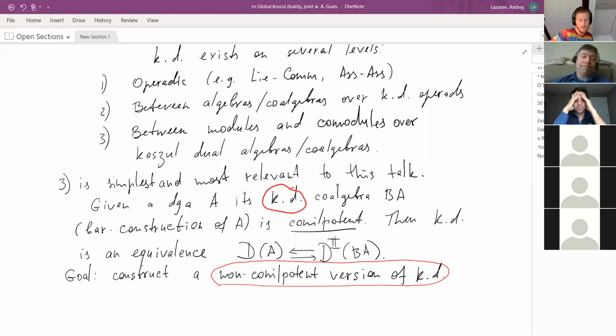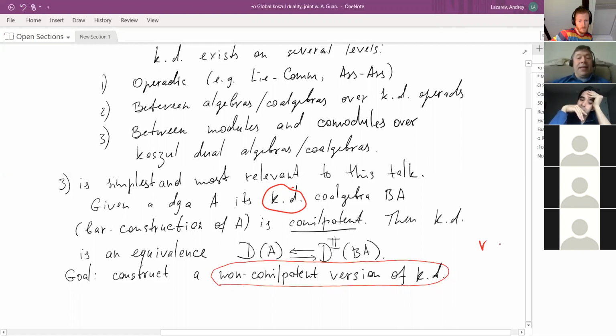So the Koszul duality that I'm interested in, or the one that's relevant here, is an equivalence of certain triangulated categories. On the left-hand side of this duality is the derived category D of A, just the usual derived category of a differential graded algebra.